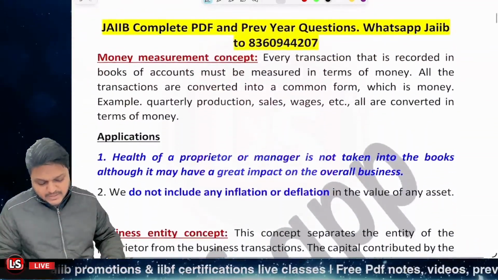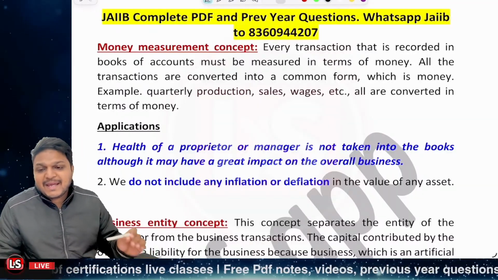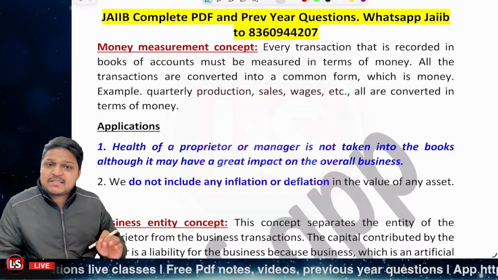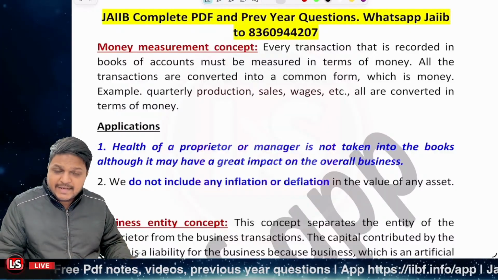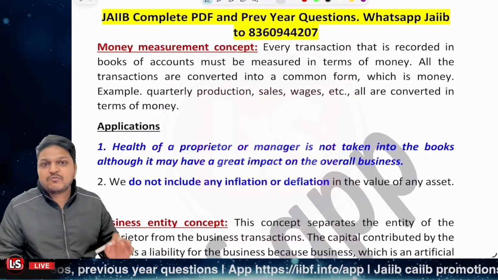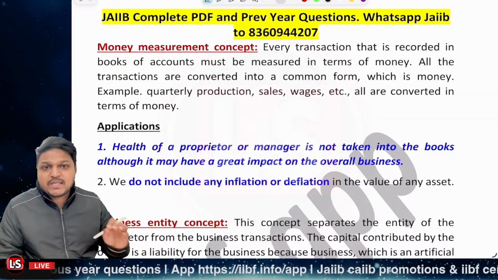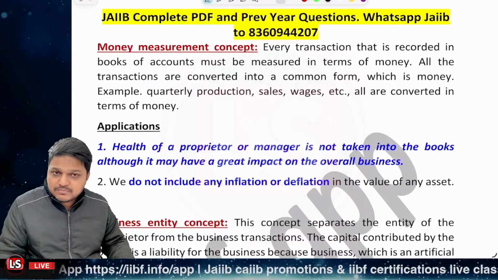Let's move further. It's the money measurement concept. Every single entry in your books must only be there if it can be measured in terms of money. Otherwise, it should not be in your books.